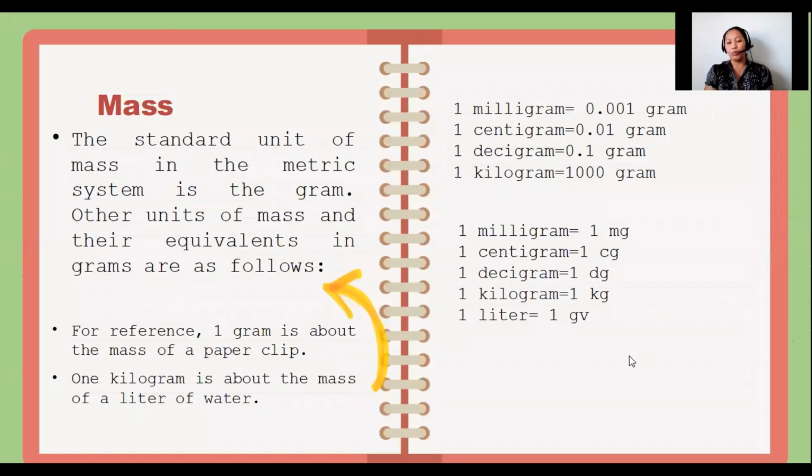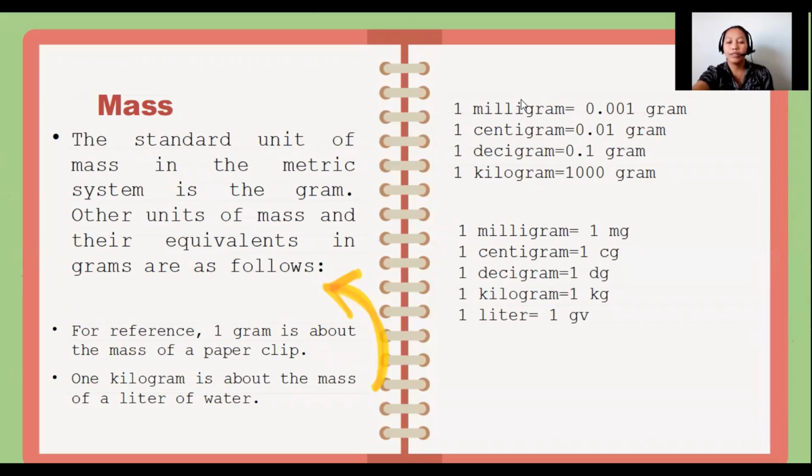If you will weigh the paper clip, its mass is about 1 gram. And 1 kilogram is about the mass of a liter of water. So if you also try to weigh 1 liter of water, its equivalent mass is about 1 kilogram. We also have the equivalent grams.